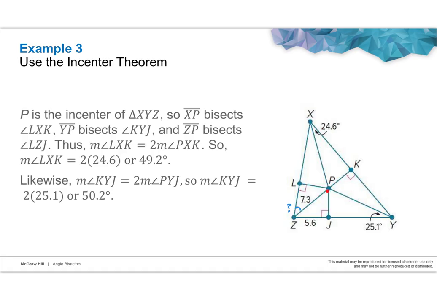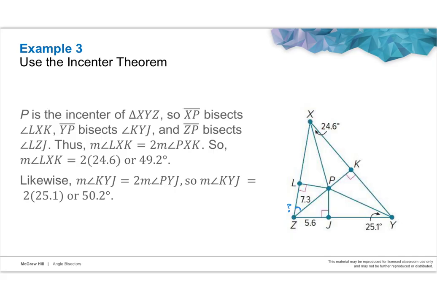So if my point P is the in-center, remember that means that all of these that are coming together from the vertices to point P are angle bisectors. And so this YP segment bisects this angle KYJ. ZP bisects angle LZJ.